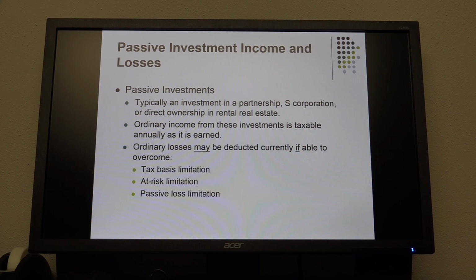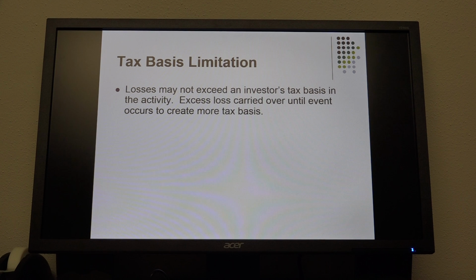You have to jump over each one of these hurdles before you can possibly deduct these losses. Now, the first limitation, the tax basis limitation, and you come at it in this order: the basis limitation first, and then you go to the next one, and then you go to the next one.